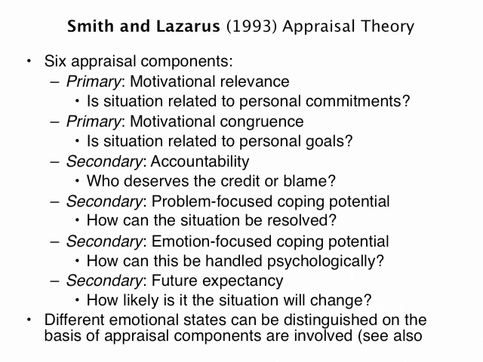So the secondary appraisal is divided into 4 subtypes, focusing on accountability, problem-focused coping potential, emotion-focused coping potential, and future expectancy is also important. So you're going to see later that some types of emotion are focused on a particular person. So there's this appraisal of who deserves the credit or blame for the situation that you're in.